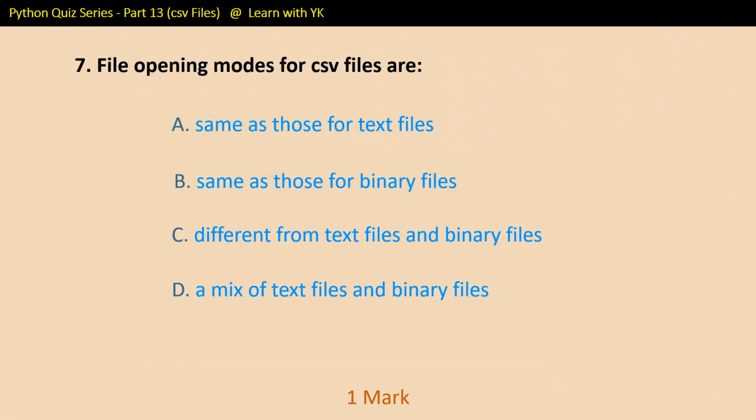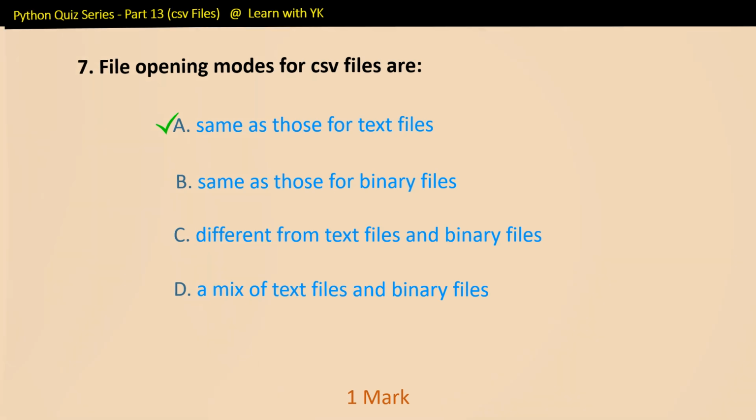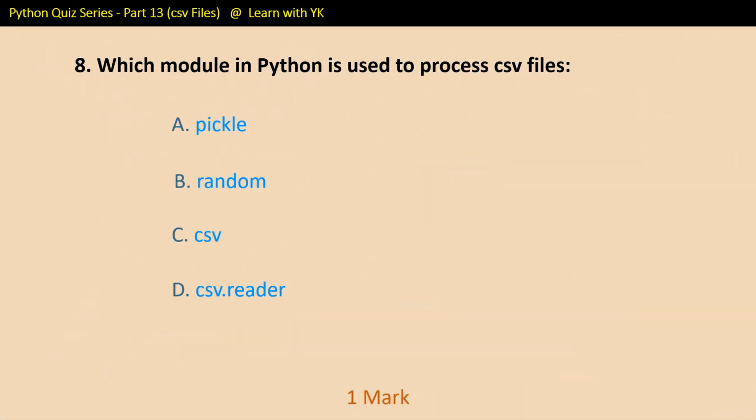Question number 7. File opening modes for CSV files are same as those for text files, or same as those for binary files, or different from text files and binary files, or a mix of text files and binary files. And the correct option is option A. These are same as those for text files. Question number 8.